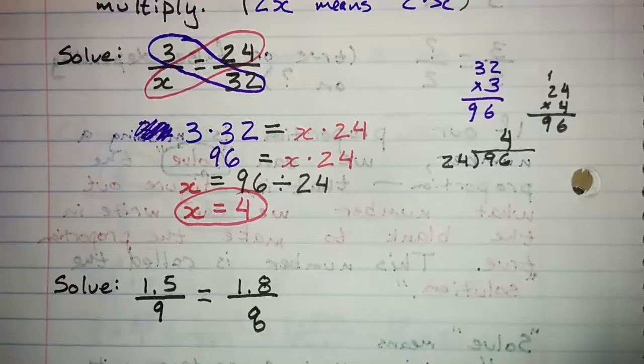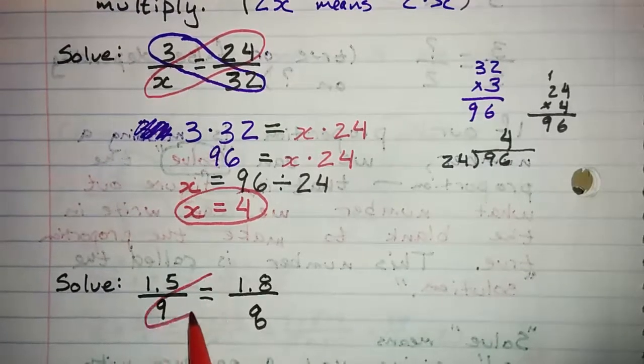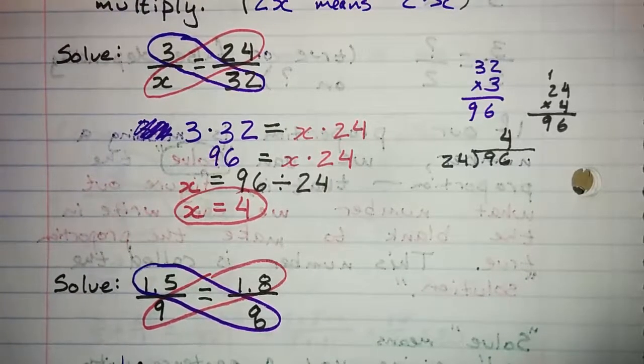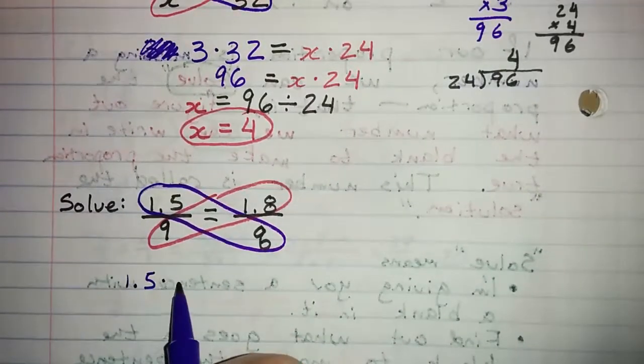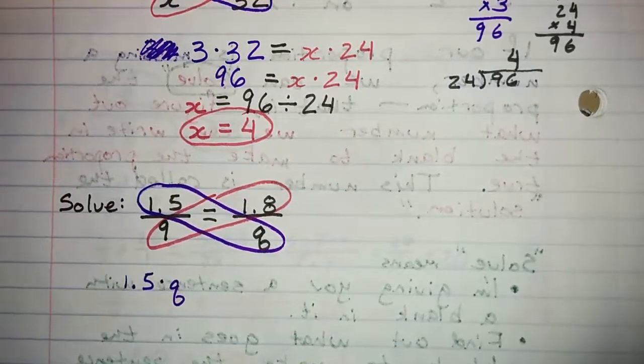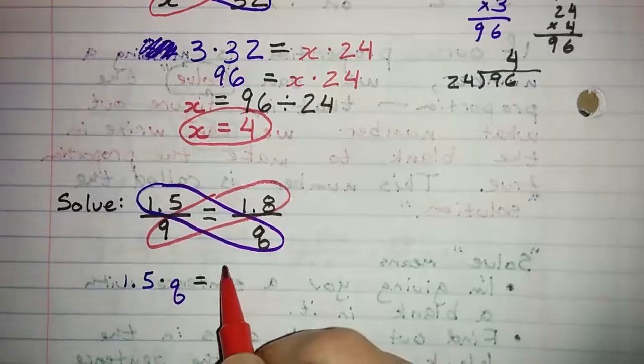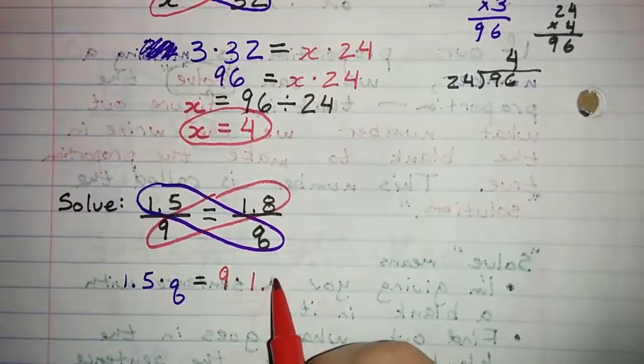Alright, so again, my first move is going to be to look at the cross products. I'm going to say that 1.5 times my unknown number q, I want that to be equal to the other cross product, 9 times 1.8.